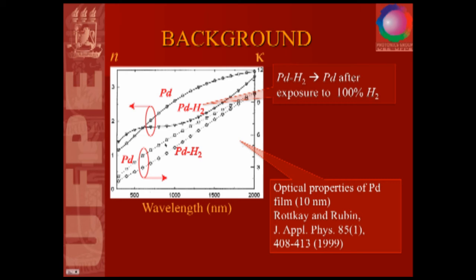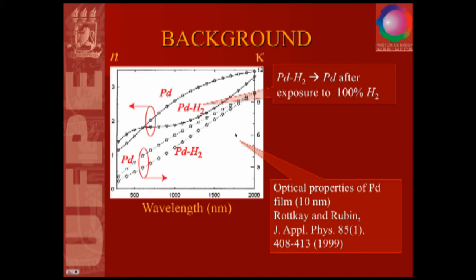This is in principle expected because as palladium absorbs hydrogen, the spacing between atoms increases a little bit, about 3 to 4%, and that leads to a decrease in free electron concentration in the material, because the volume increases.